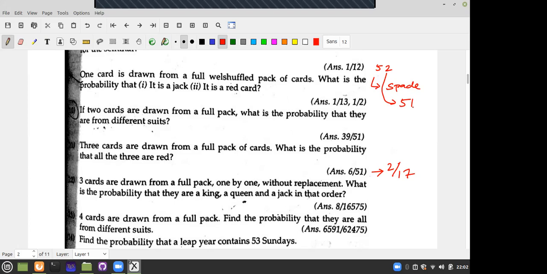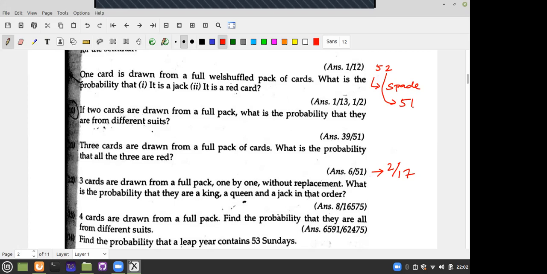Because now I can choose from spade, club, or diamond, right? And one card has been reduced, so how many cards are there now? 51. Now is the idea clear? Yes, sir.